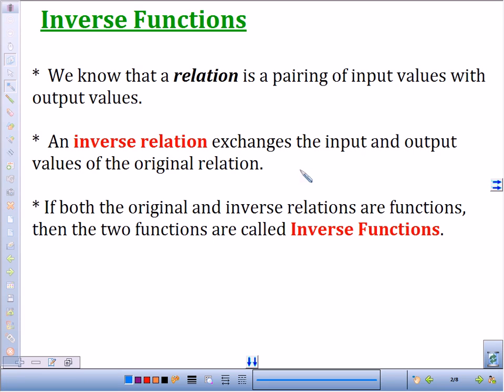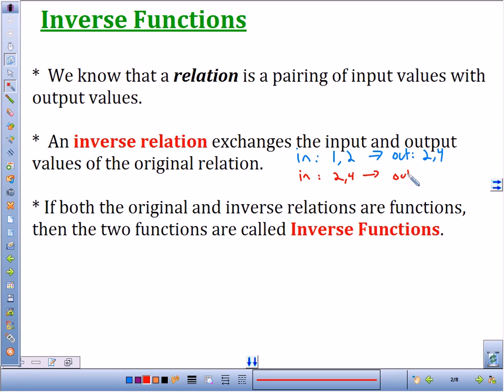So, for instance, if I had an input of 1 and 2 giving me an output of 2 and 4, then the inverse relation would be an input of 2 and 4 becoming an output of 1 and 2. So our numbers literally just flip around. What was in is now out. What was out is now in.